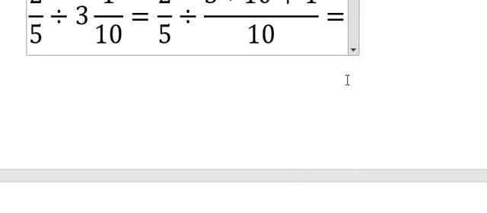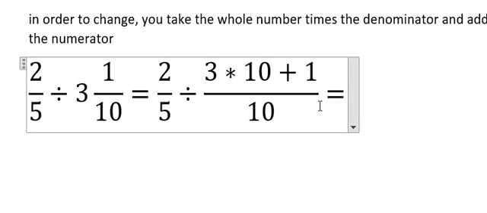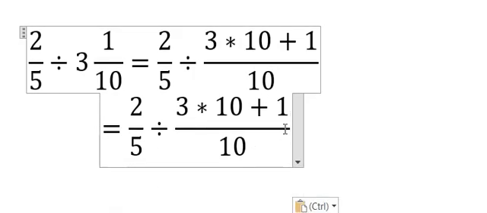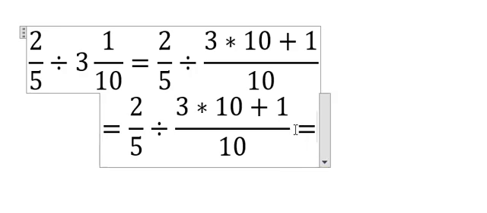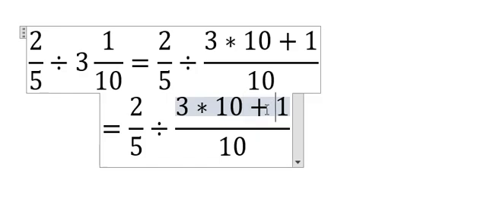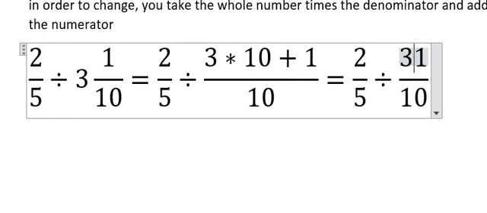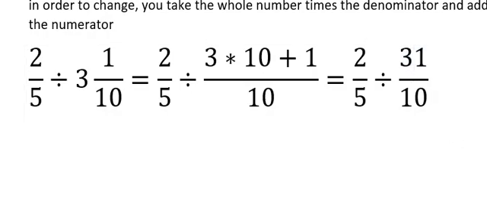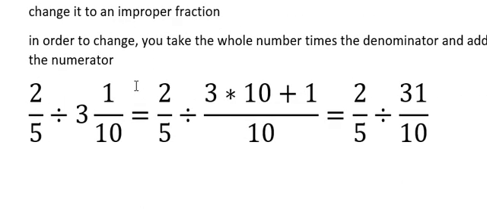So then that is going to equal 3 times 10 is 30 plus 1 is 31. Sorry, it keeps on moving around on me. So I'm going to make it go to the next page and then you can see it again. Okay, so that is 31.